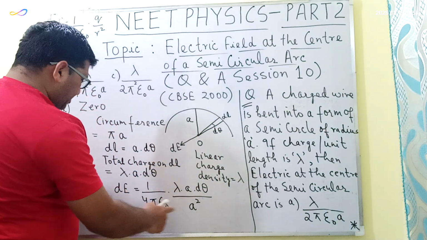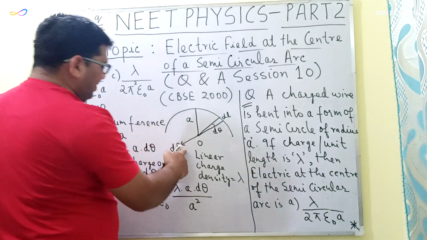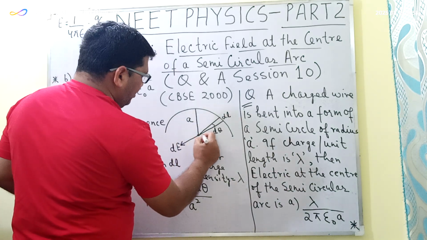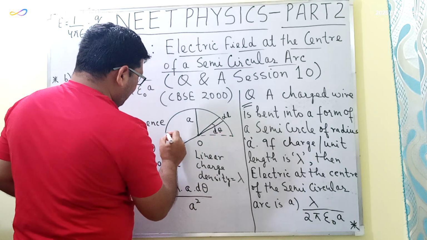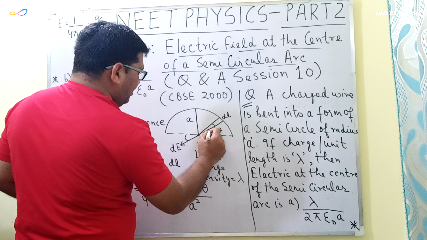So this is the value of dE, and the direction of this electrical field will be as given by this arrow. Now let us say this angle is theta.